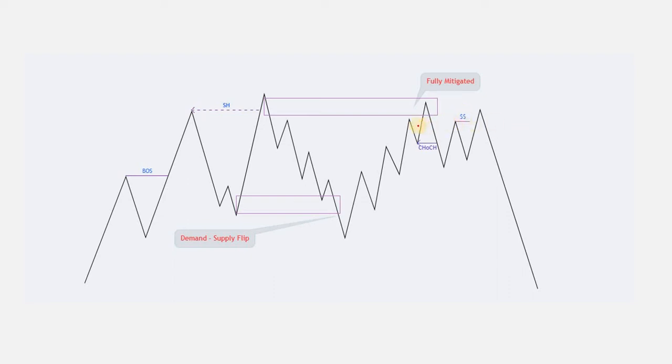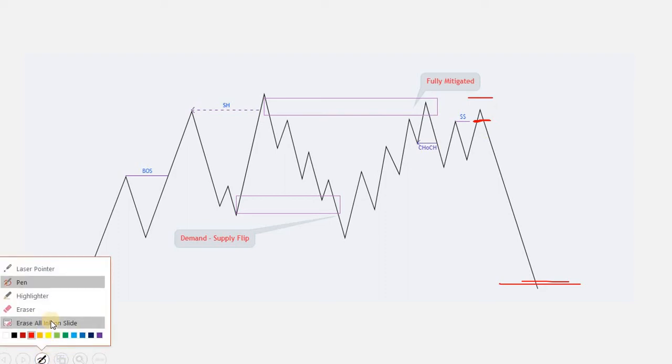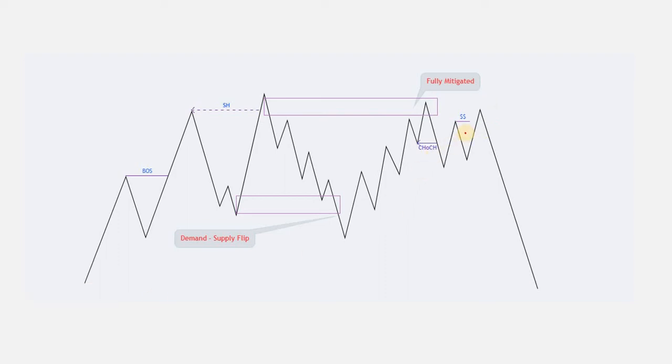So if you want to enter, the safest, or the surest way to enter, is just to set your limit here at this level, put your stop loss above and target wherever you want to target. So that's exactly what happened in EURUSD today.